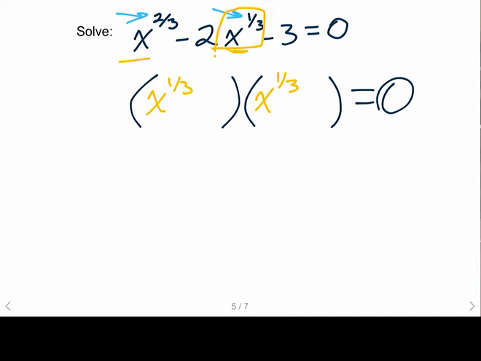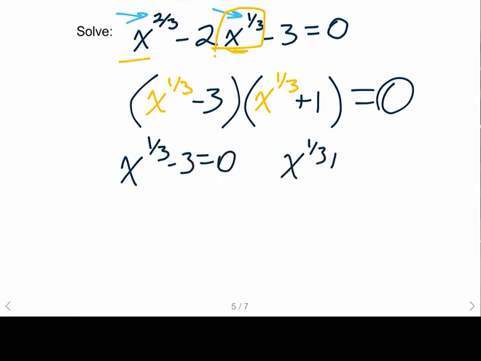Once you've recognized the pattern, you're going to kind of zero in on that middle term. In any case, we have (x^(1/3) − 3)(x^(1/3) + 1) = 0. So, setting these factors equal to 0, x^(1/3) − 3 = 0, or x^(1/3) + 1 = 0.